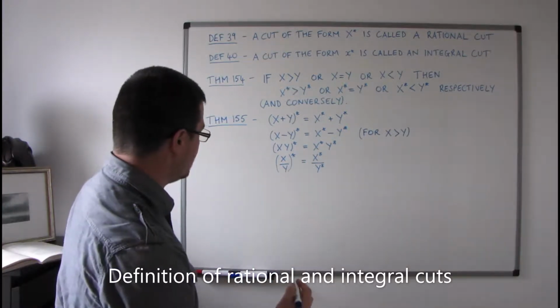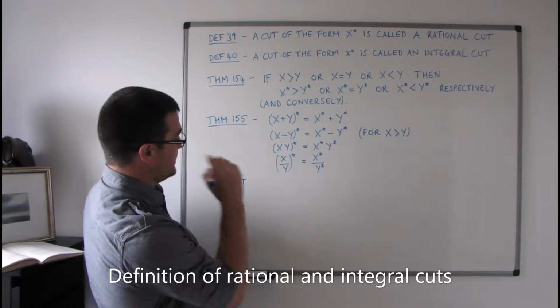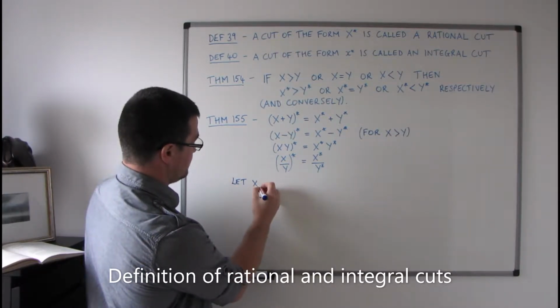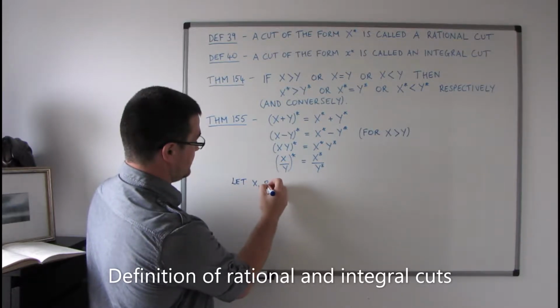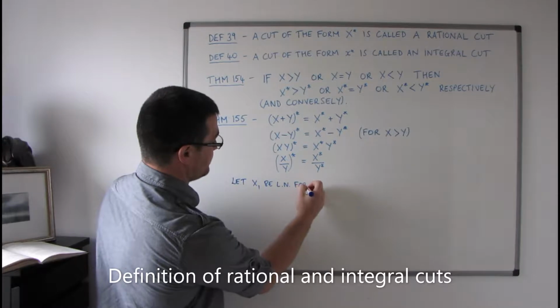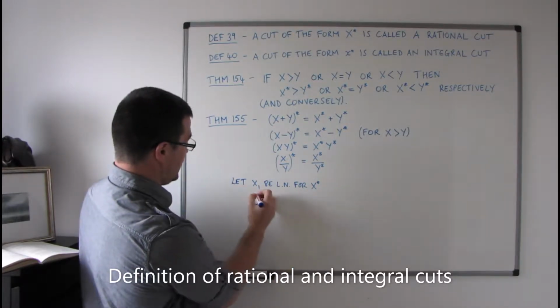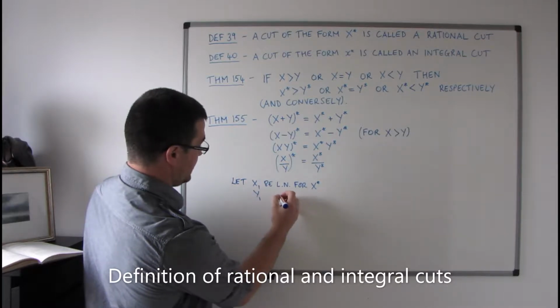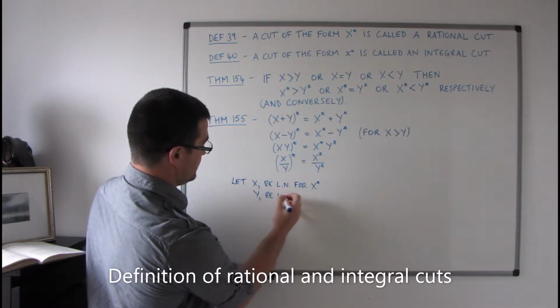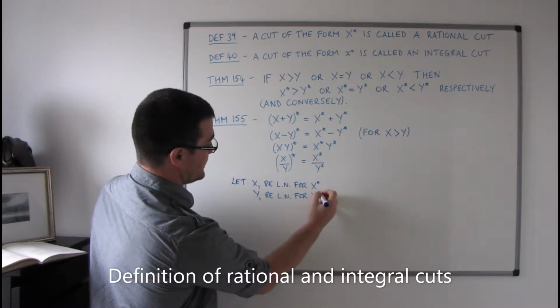So let x1 be a lower number for x star, for instance, and also y1 a lower number for y star.